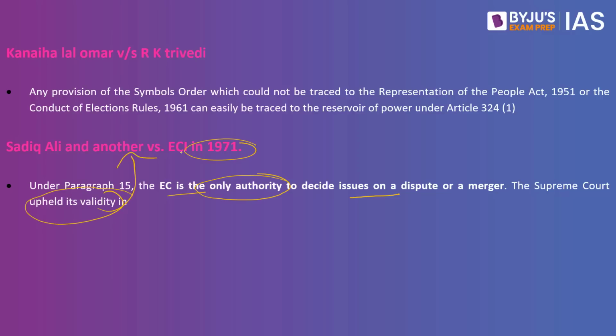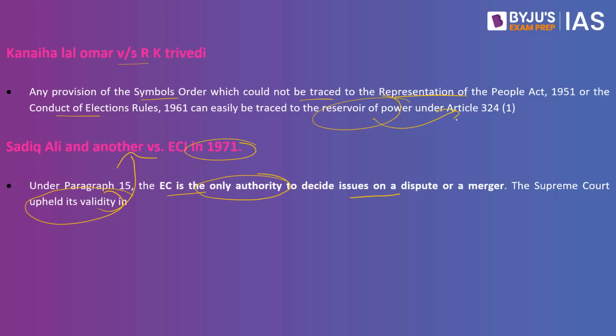Similarly, in Kanhaiya Lal Omar versus R.K. Trivedi, it also said any provision of the symbols order which could not be traced to the Representation of the People Act of 1951 or the Conduct of Election Rules of 1961 can be easily traced to the reservoir of power under Article 324.